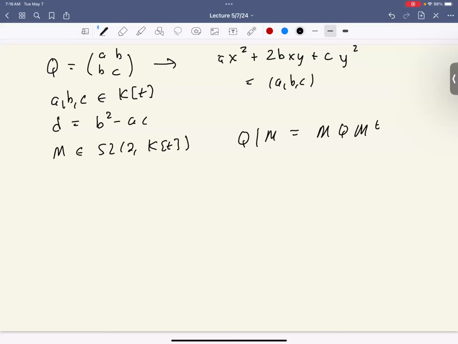Now here's why I'm going to suppose that D is negative in my weird notation. So that means that minus D, the leading coefficient of minus D is a square. And in fact, I'm going to assume it's monic. So 1 is a square. And I'm going to assume that the degree is odd. Well, here I don't actually need to assume that.